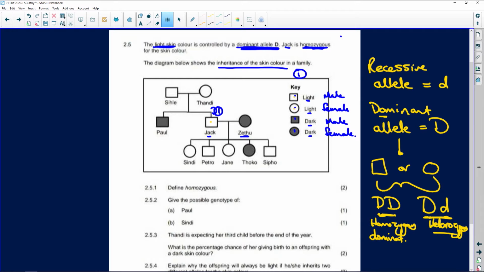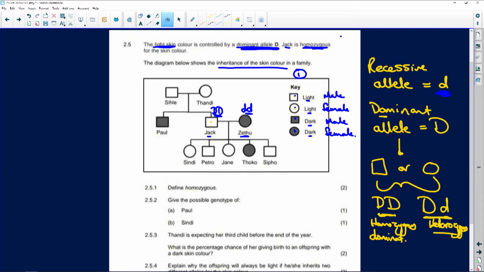In order for the dark recessive allele to come through, she must be lowercase d, lowercase d. So Jack is homozygous dominant and Z2 is homozygous recessive.